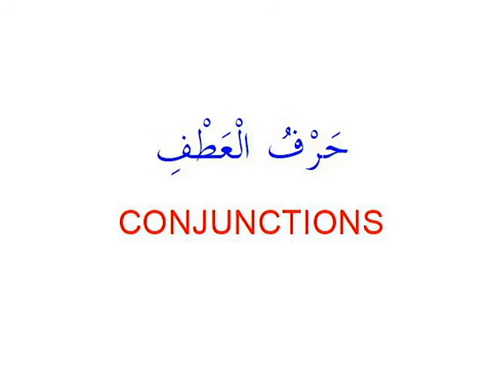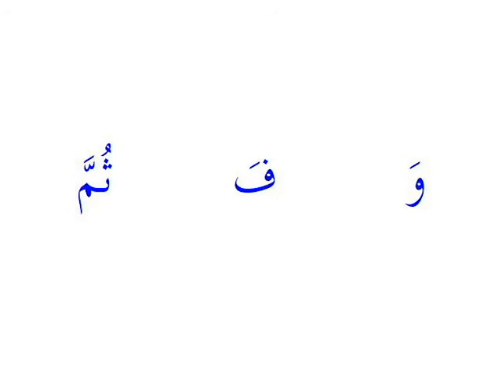For example, wa, fa, thumma, etc. When these words, huruf al-atf, are used with hal, they always appear before hal. But when they are used with hamza, they are preceded by it.